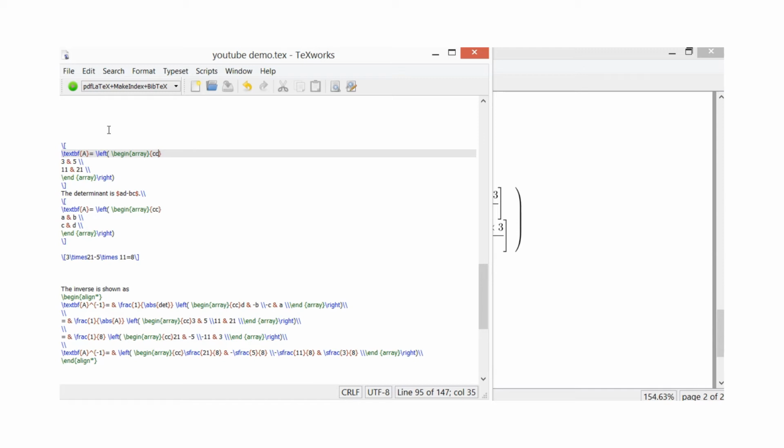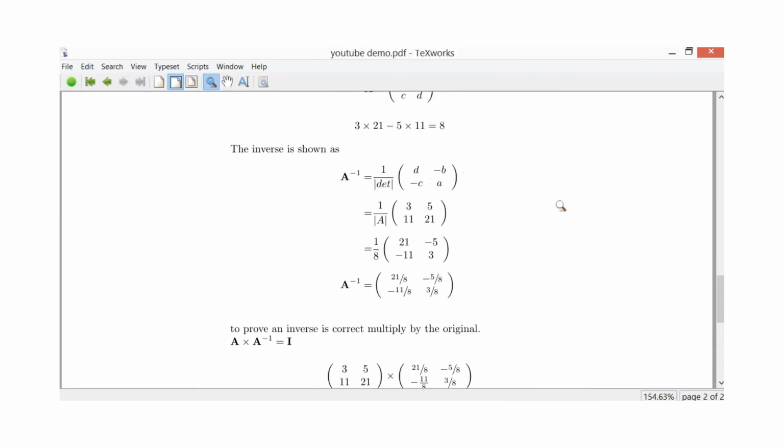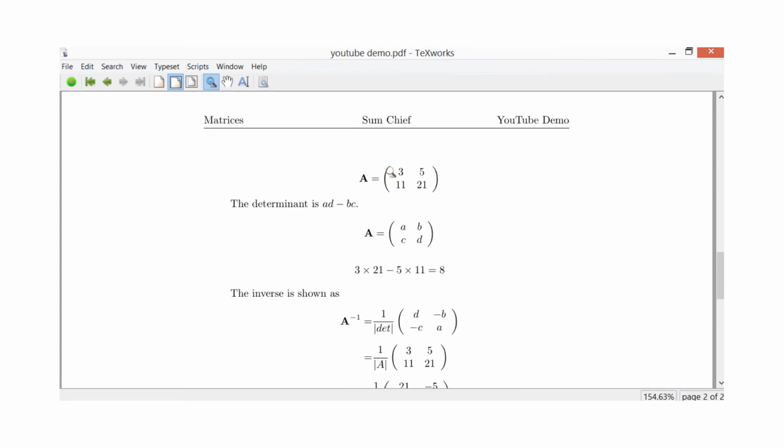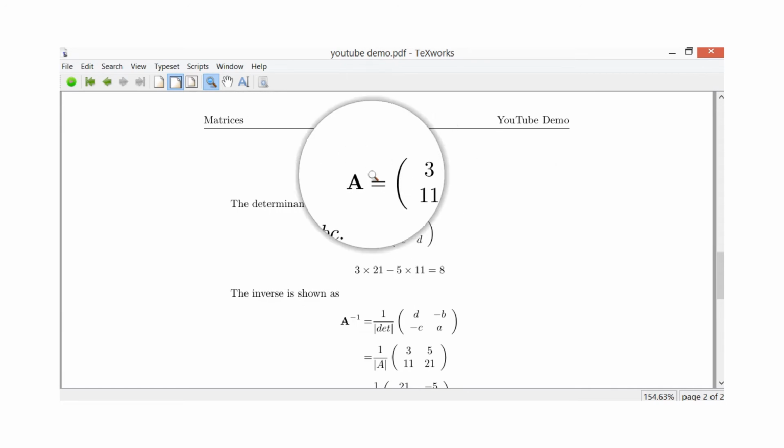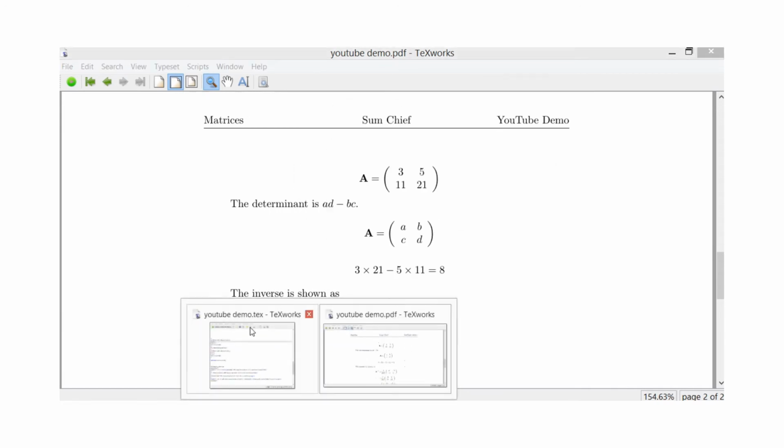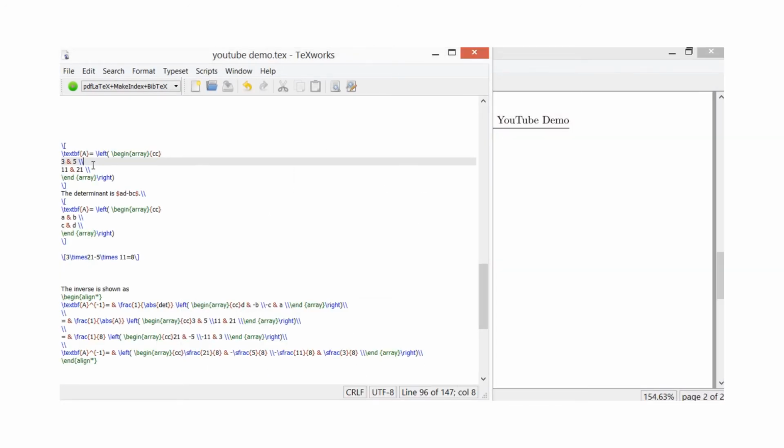If I'd put 4 c's or 5 c's, that gives me 5 columns. And then for each row I've got 3 ampersand 5 and 11 ampersand 21. That gives me 2 lines as well. So if we look at that, that's my first entry into this document here. So A equals 3, 5, 11, 21. That's that bit there. Go back straight into the LaTeX so you can see what that is.